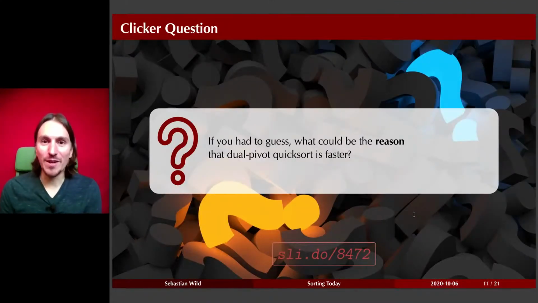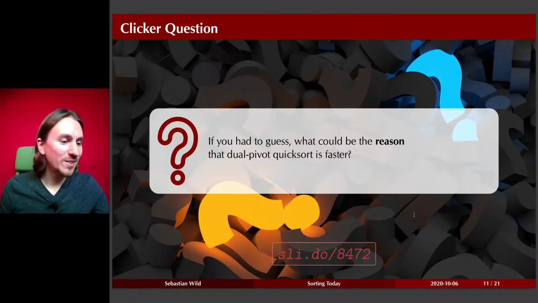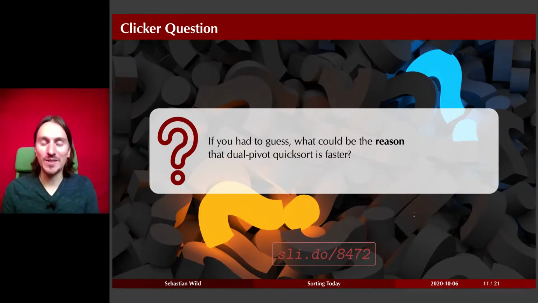Now, you've seen this algorithm. You've seen both the classic one and the new one, and I'd like you to briefly think and tell me on Slido what you might guess why this new method is faster. We've seen it's faster. That was confirmed in running time experiments. People reproduced that result on different machines.